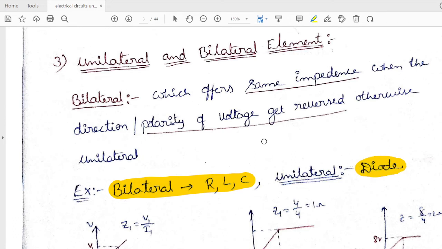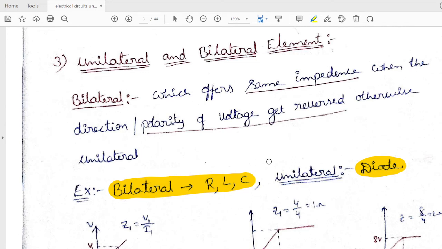Means if I change the voltage polarity and current direction of a diode, the diode will not offer the same impedance after changing the current direction and polarity. But this resistor, inductor and capacitor offer the same impedance even if you change the voltage polarity and current direction. That's why resistor, inductor and capacitor are called bilateral elements.